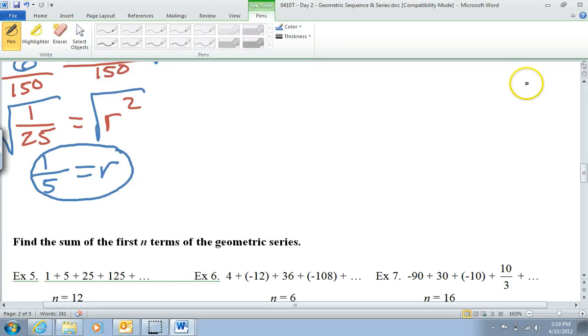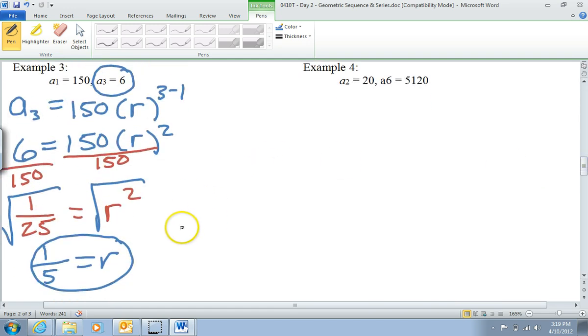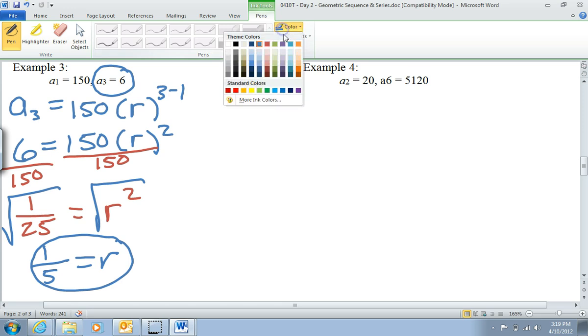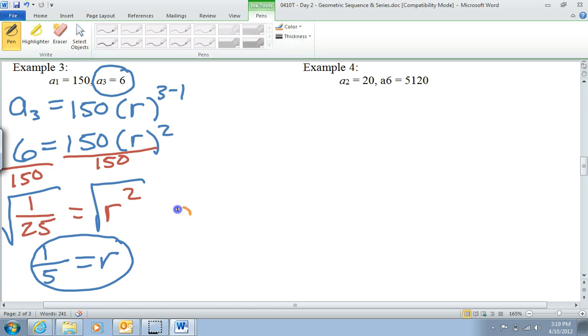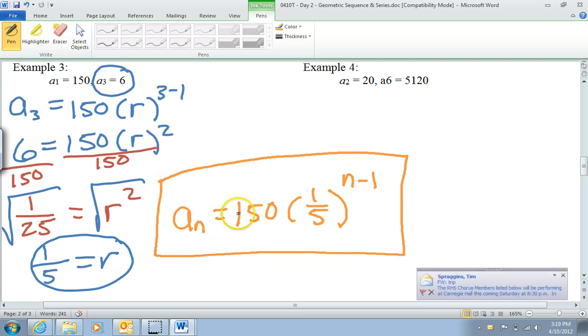So the answer is, let's see, what was that, A1? Okay, so here comes the answer. I feel like changing colors. Let's go orange. AN is equal to 150 times 1/5 to the n minus 1 power. Boom! There it is.